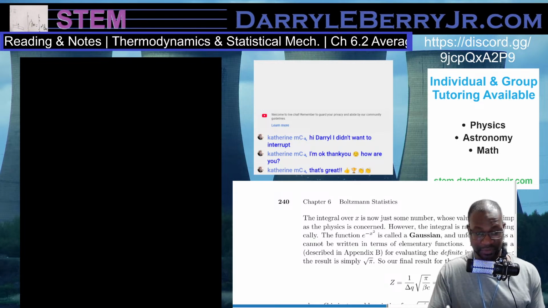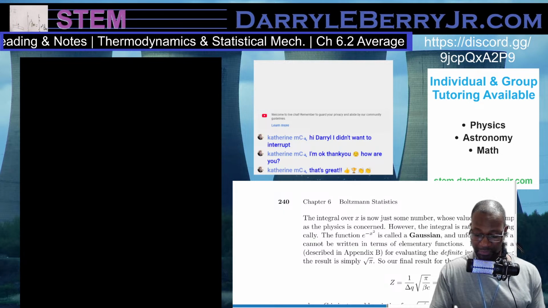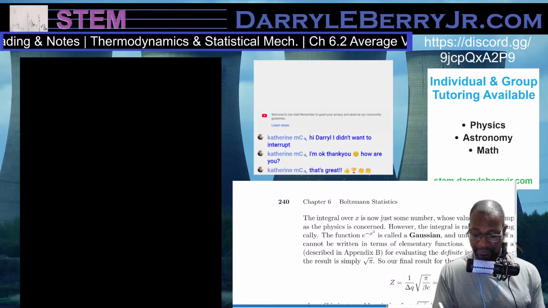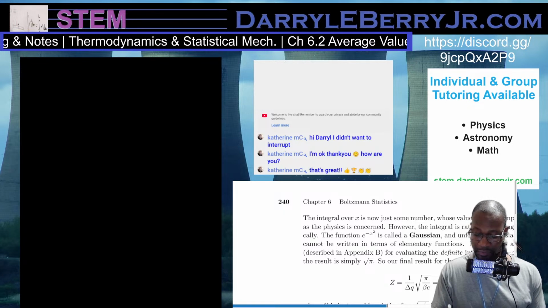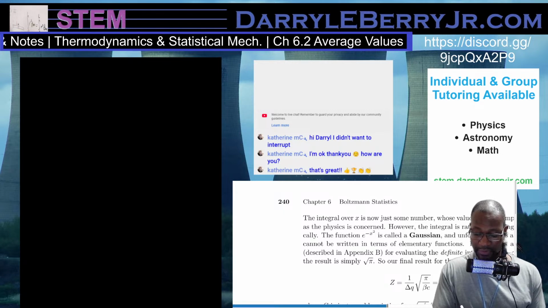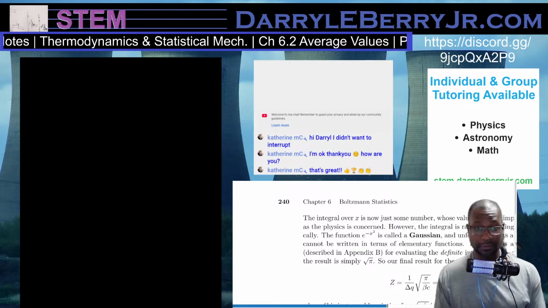So the way the problem works is we have a thermodynamic process that looks like this, and we'll call this V0, and we'll call this 2V0, and we'll call this P0, and we'll call this 2P0.